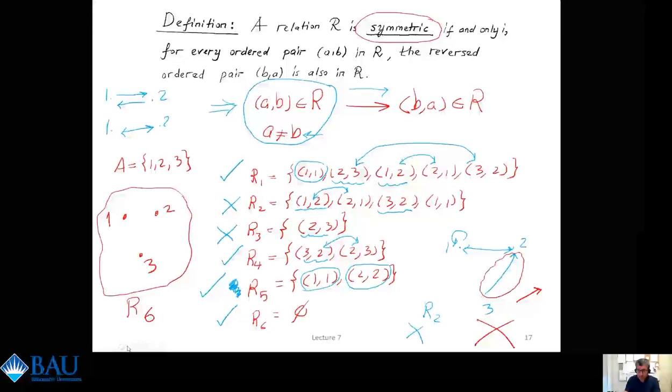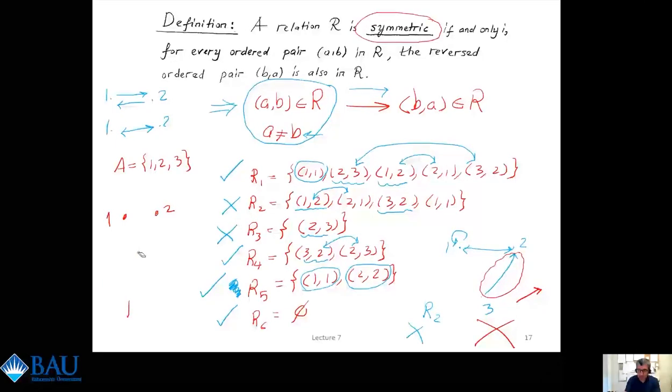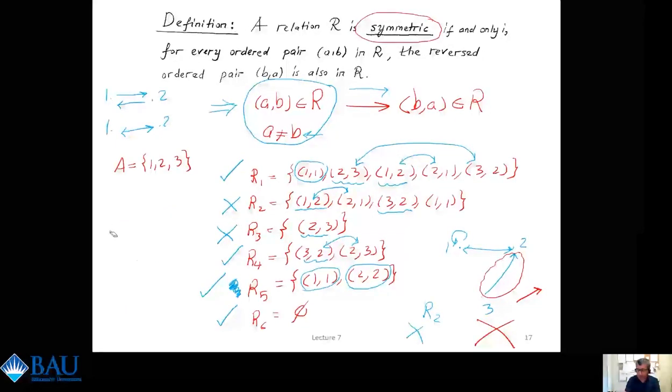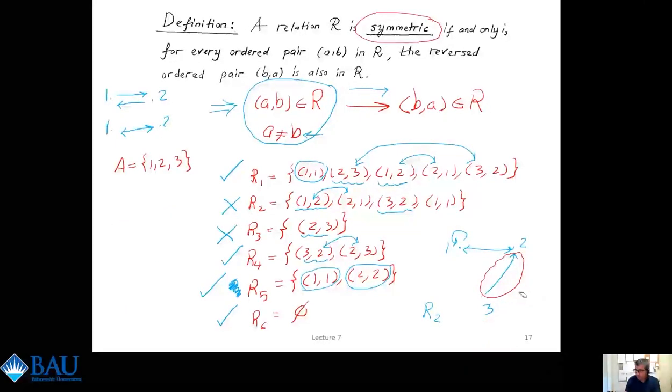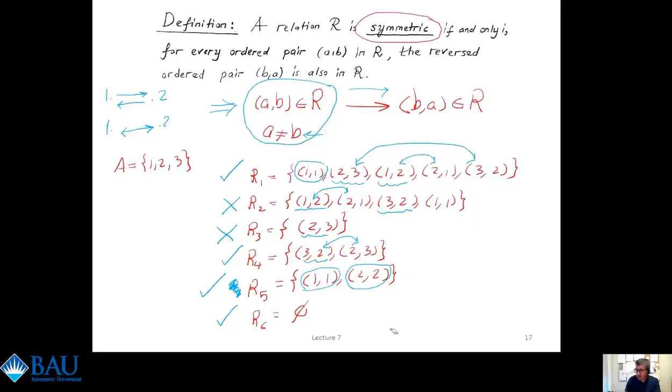Let me talk about the matrix. Maybe that will help you if you still have a problem with the symmetric. I want to show you R1 as a matrix.